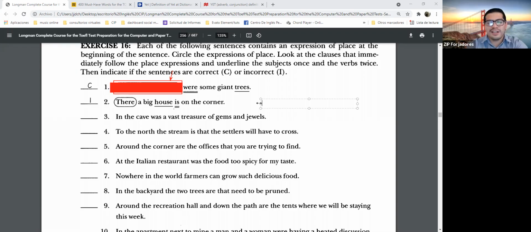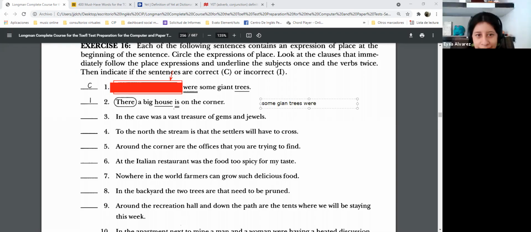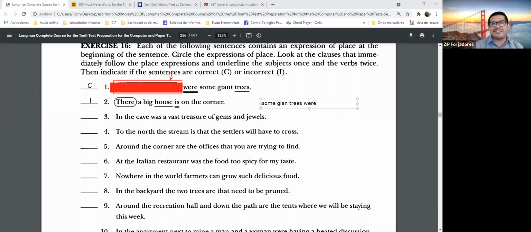I am going to write it. "Some giant trees were." Hmm. Aha, but it's necessary to know in what place, because this is incomplete. So that's why we are going to put "in front of the house."